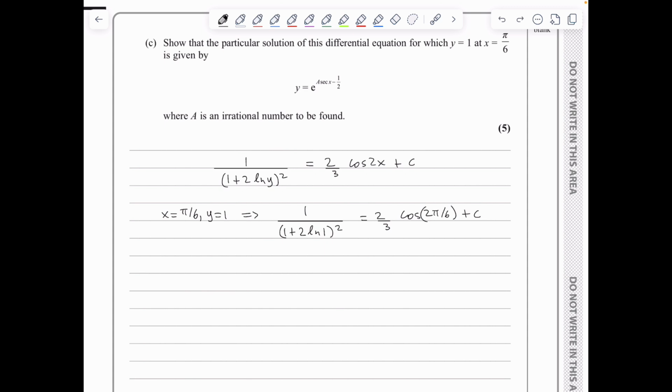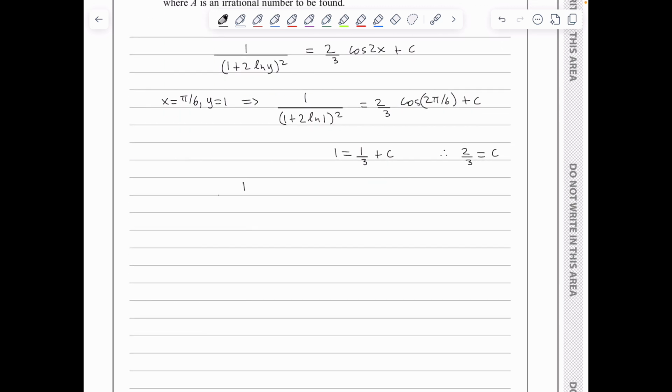On the left hand side, ln of 1 is simply 0, so the left hand side is simply 1, which is equal to 1 over 3 plus c, and therefore we conclude that the value of c is 2 over 3, and therefore we've got that 1 over 1 plus 2 ln of y raised to the power of 2 is equal to 2 over 3 cos of 2x plus 2 over 3.